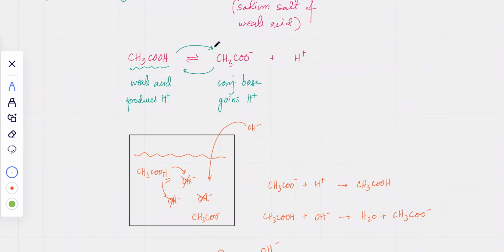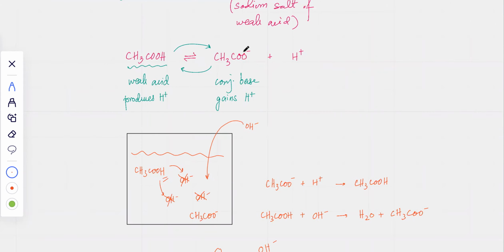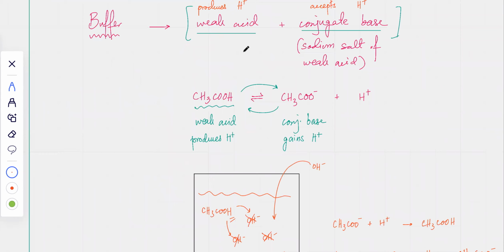So this base has to be added from outside, because on its own, the ethanoic acid would not ionize a lot. If you have 1,000 molecules of ethanoic acid, the amount of ethanoate ions produced would be very few. So you have to add extra conjugate base.